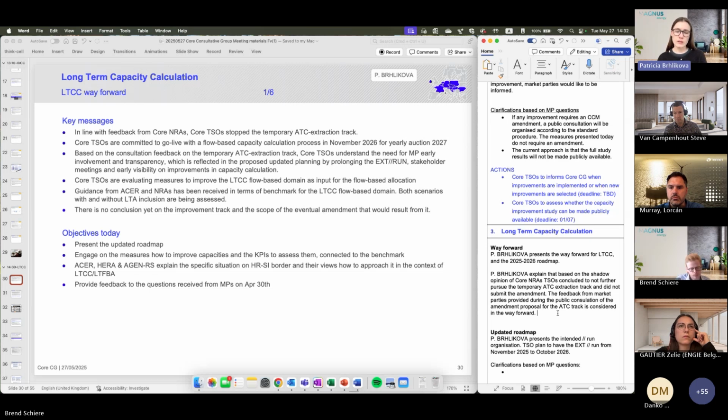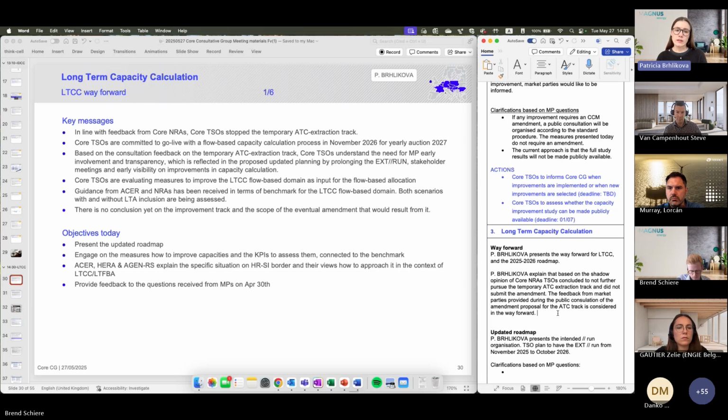Here, perhaps a small disclaimer. So whatever I present today is fully focused on the capacity calculation process on the core TSO side. So this goes both to the roadmap itself, but then also the improvements that we are currently assessing among TSOs.